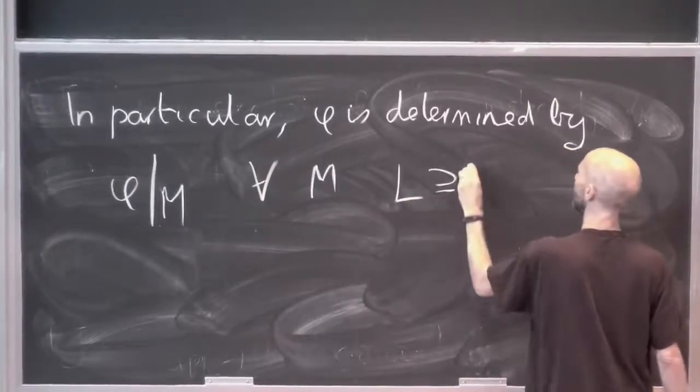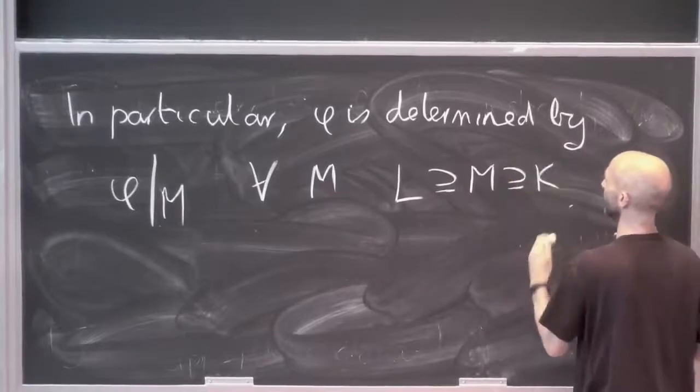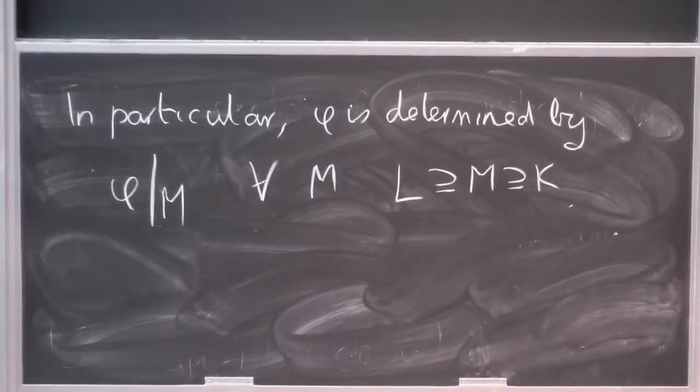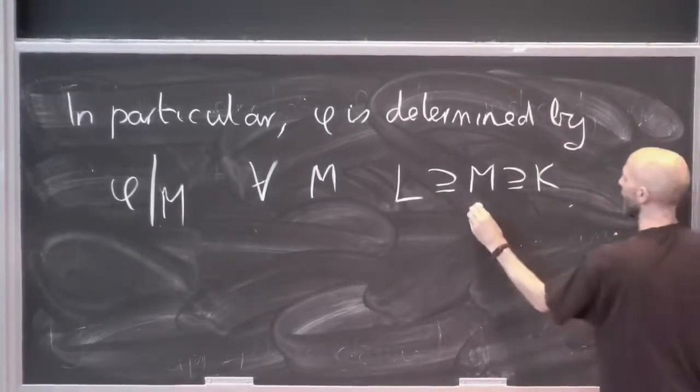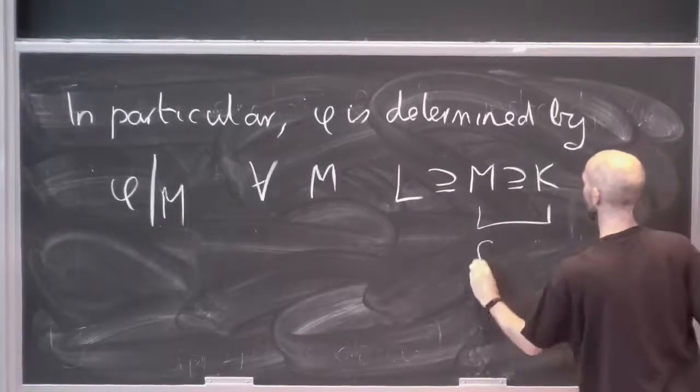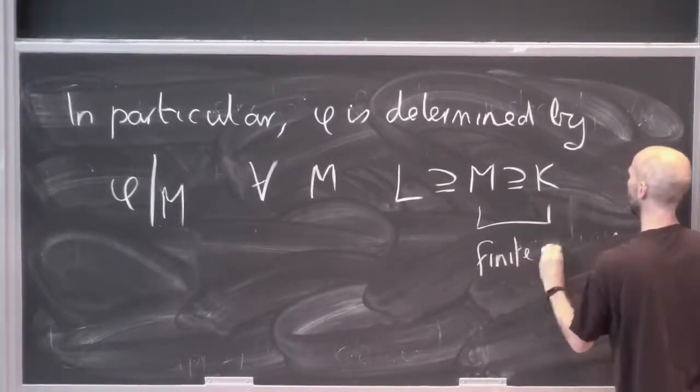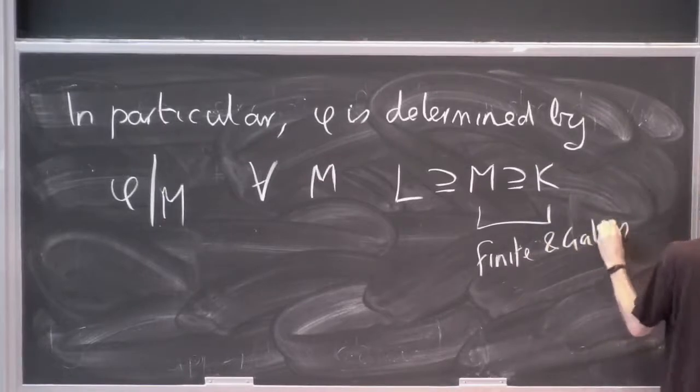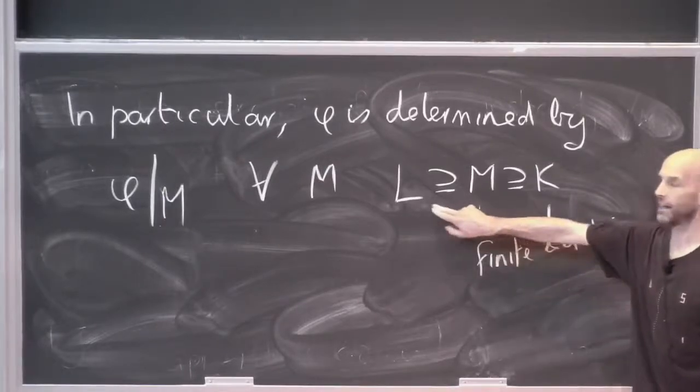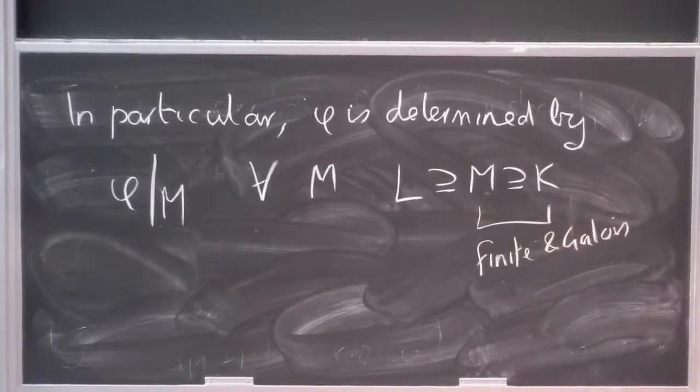K is contained in M, which is contained in L. K is our base field. L is possibly an infinite algebraic extension. M over K is a sub-extension, and this is finite Galois. You see, every element of L is going to be contained in an M like this.